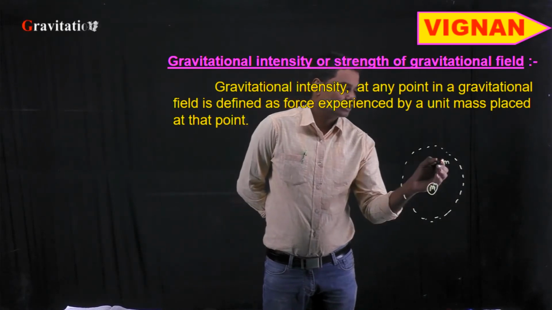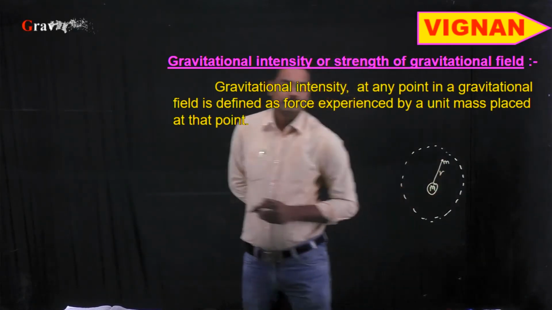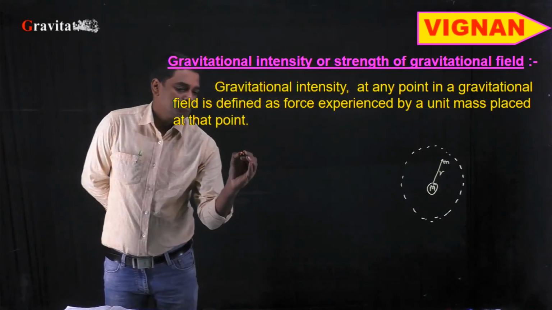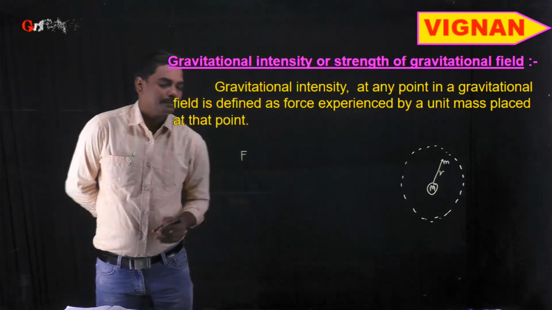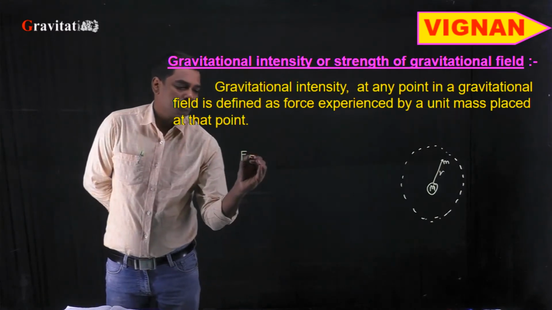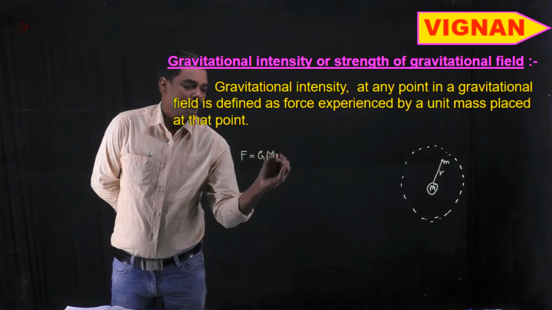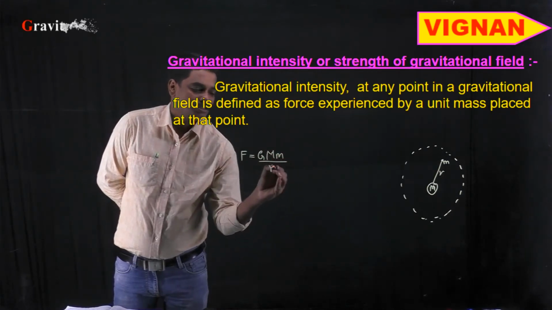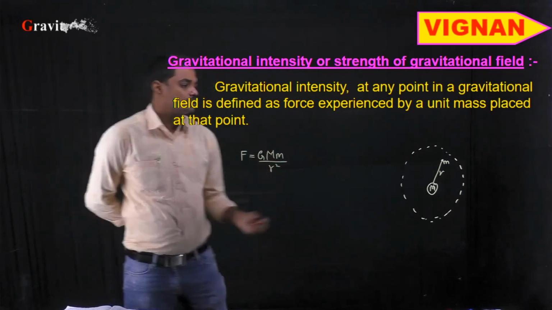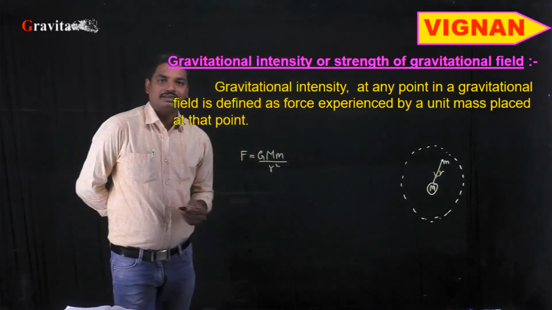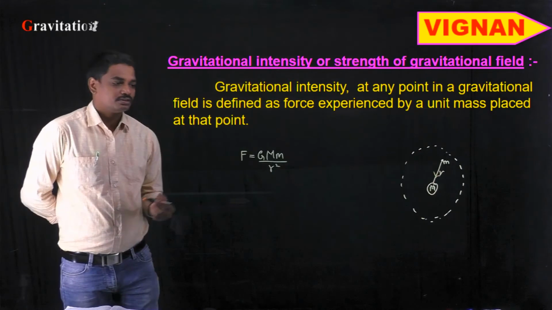Let us suppose it is at a distance r. Then the force acting on the mass small m due to capital M is F equals G M m by r squared, which is always directed towards the source as it is a force of attraction, right?